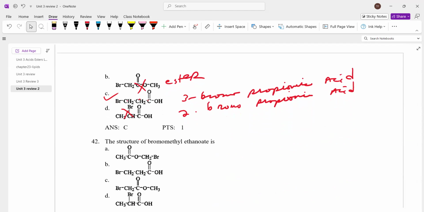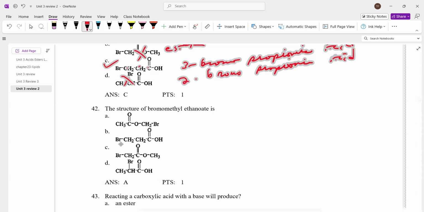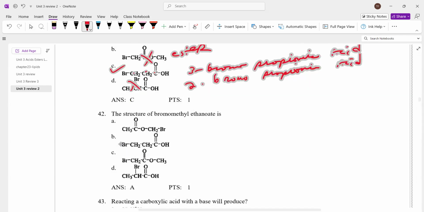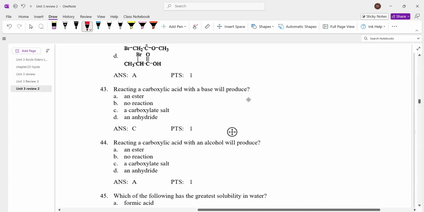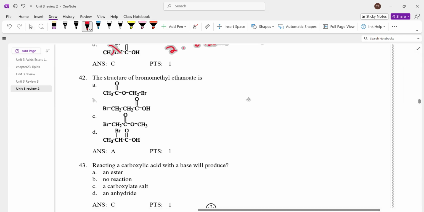Okay, I'm going to go over one more example, and that's going to conclude our review. All right, so we have bromomethyl. Okay, so this is an ester. Okay, so that's an acid.